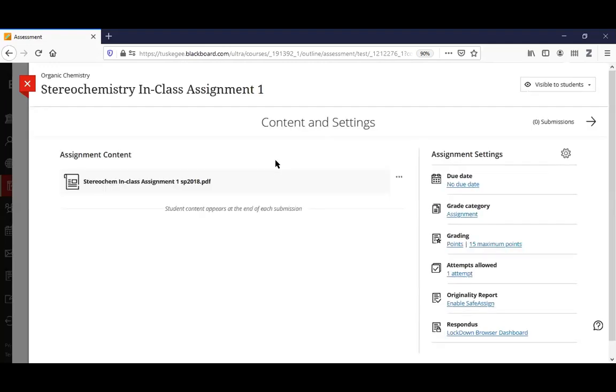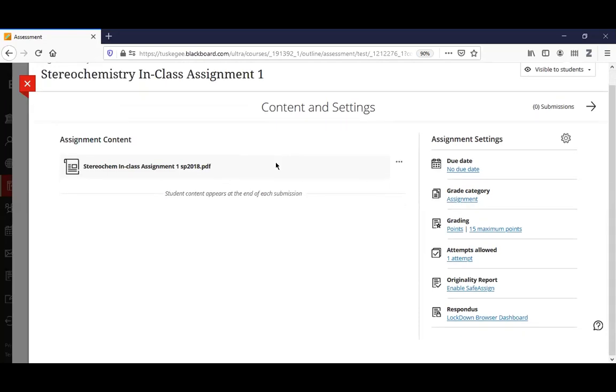Let's see, it should pop up. And I can't see what you see on your end, but I don't see a submission link.